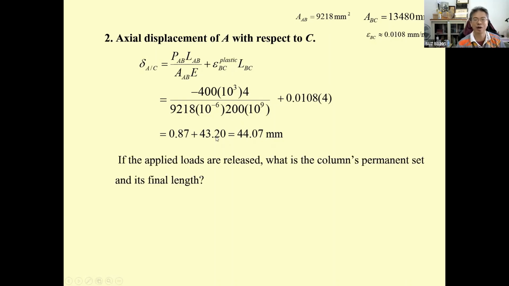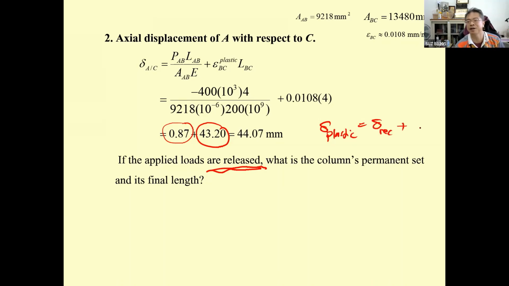And then when you release the axial load, the elastic will return back. The column AB will have the same previous length, but the 43.2, the plastic deformation, is going to be separated into the recovery deformation and the permanent set deformation.